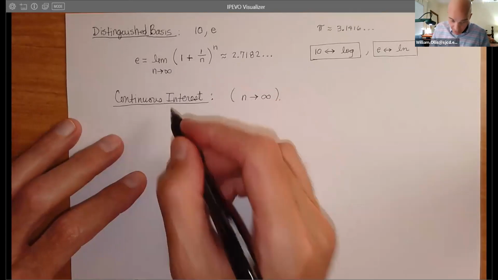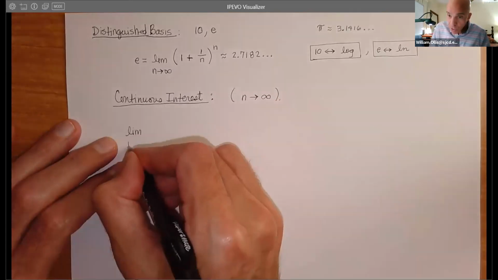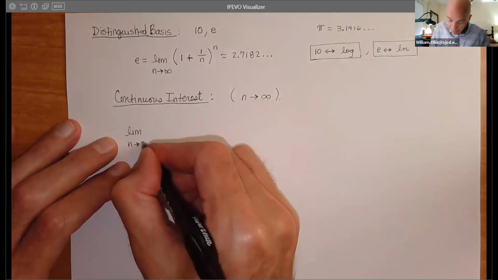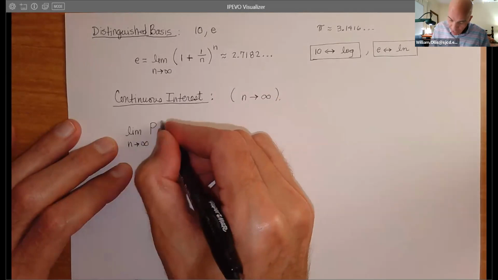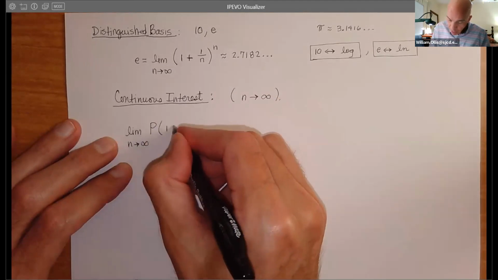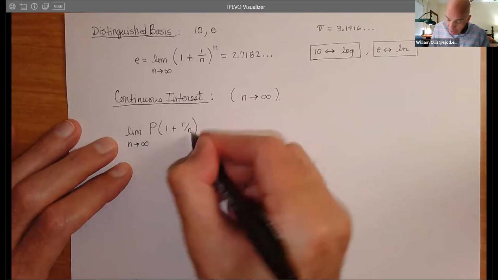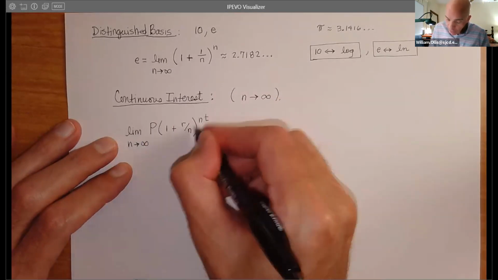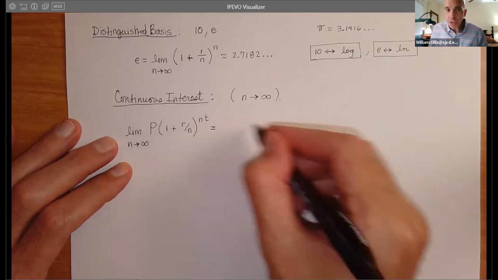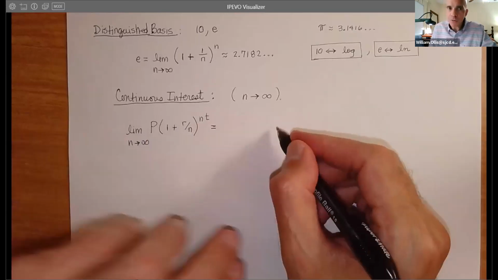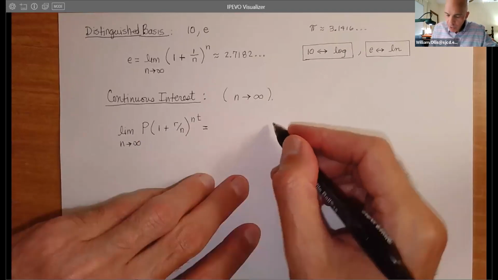So the idea is, if that happens, the limit as n approaches infinity, we say, well, we have P, and then we have 1 plus r divided by n raised to the nt. Now, this is just a bunch of algebra, but the limits are very intuitive here, like we've been doing from the beginning of the course, and I want to use that to do this.